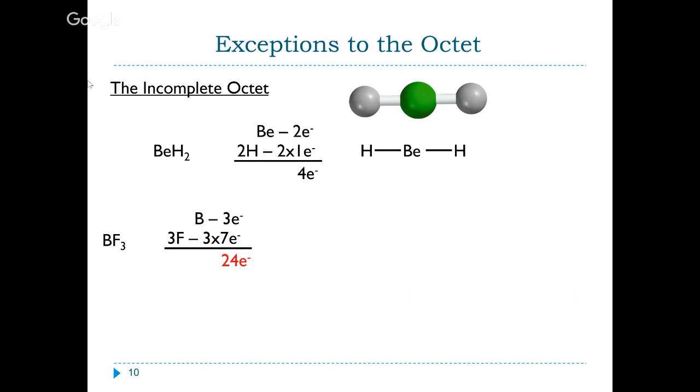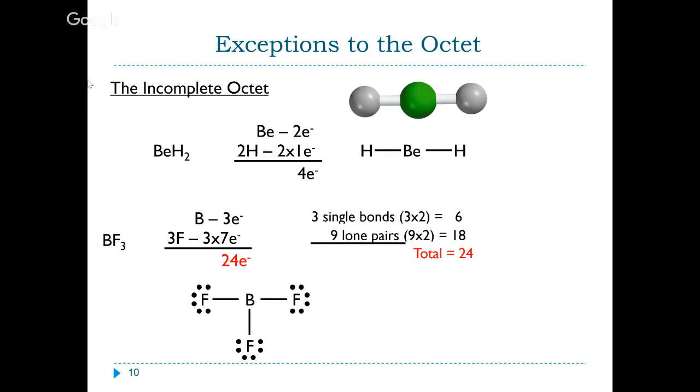Boron trifluoride, boron brings 3, each fluorine brings 7 for a total of 24. So we're going to form single bonds between boron and fluorine. And we'll notice then that boron only has 6 total electrons around it, which makes this a really good Lewis base.